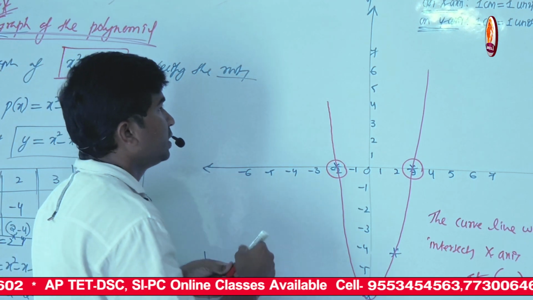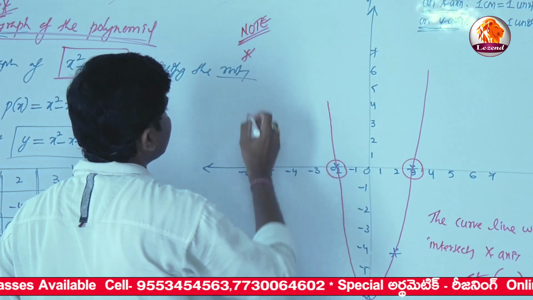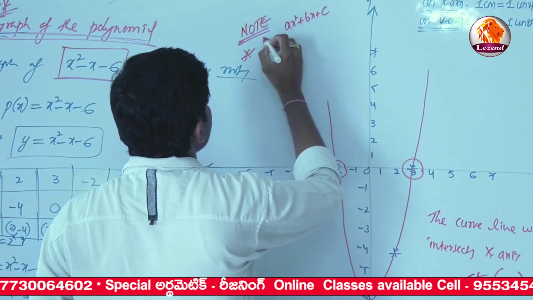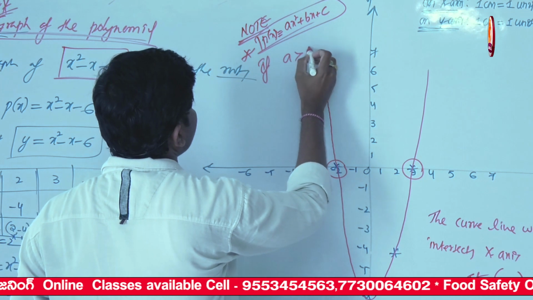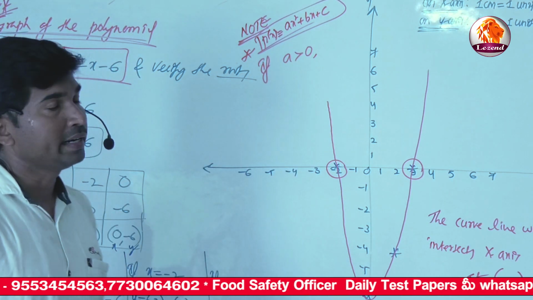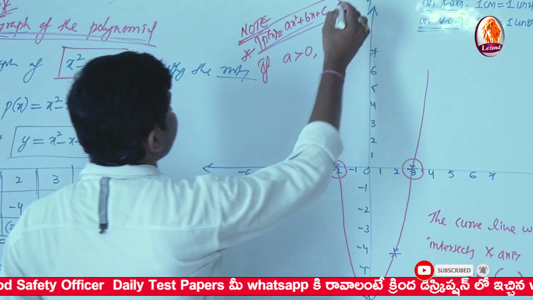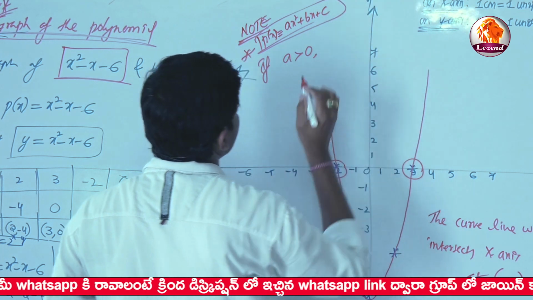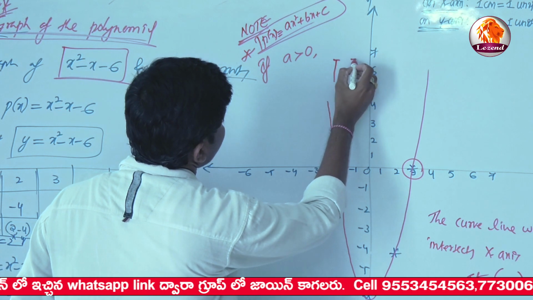Now one more point in this concept, keep note number 1. The first point is ax square plus bx plus c, this is the quadratic polynomial. In this case, if a is greater than 0, the first coefficient is more than 0, definitely the shape of the graph is a parabola, a U-shaped figure. The parabola opens upwards, the shape looks like this, U-shape.